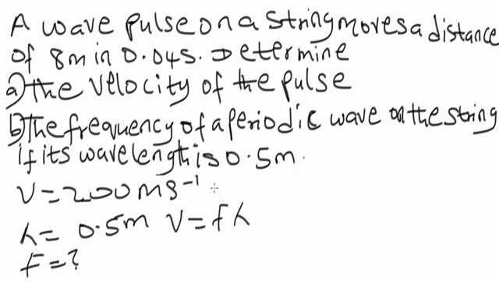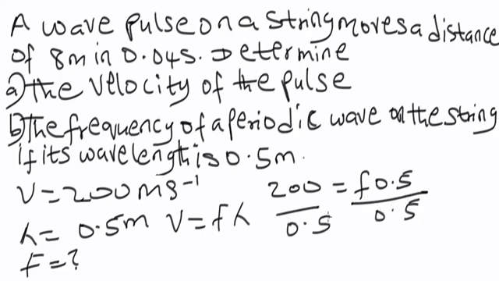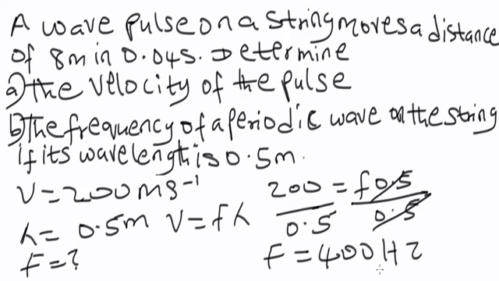To solve this we are going to substitute the values. It's going to give us 200 equals frequency times the lambda, that's 0.5. So you divide both sides by 0.5. Frequency will now be 200 divided by 0.5, which will give us 400 hertz, and that will be the answer.